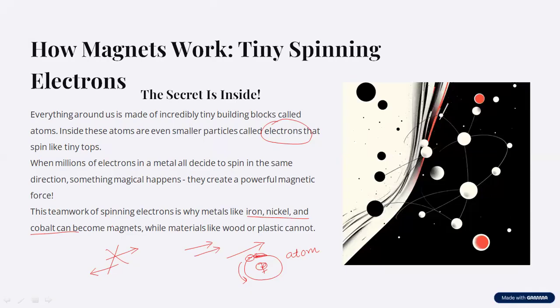So magnets are very common, and the property because of which they have this magnetic force is the spinning of electrons in a particular way, so that they are all producing an invisible force in one particular direction. All other materials do not have this property, and that's why not all the materials have magnetic attraction force. Okay.